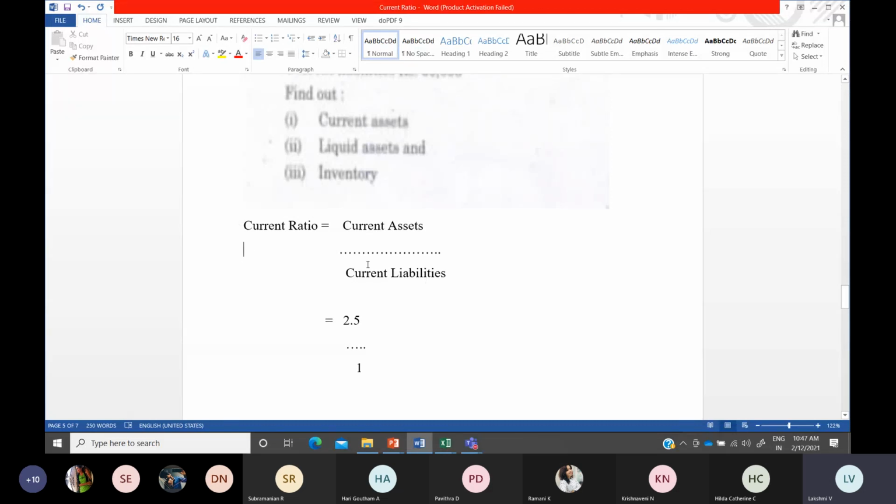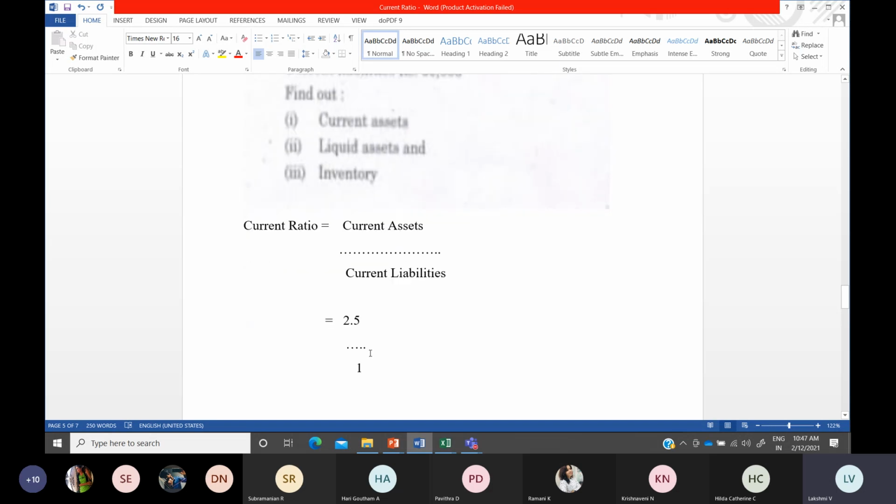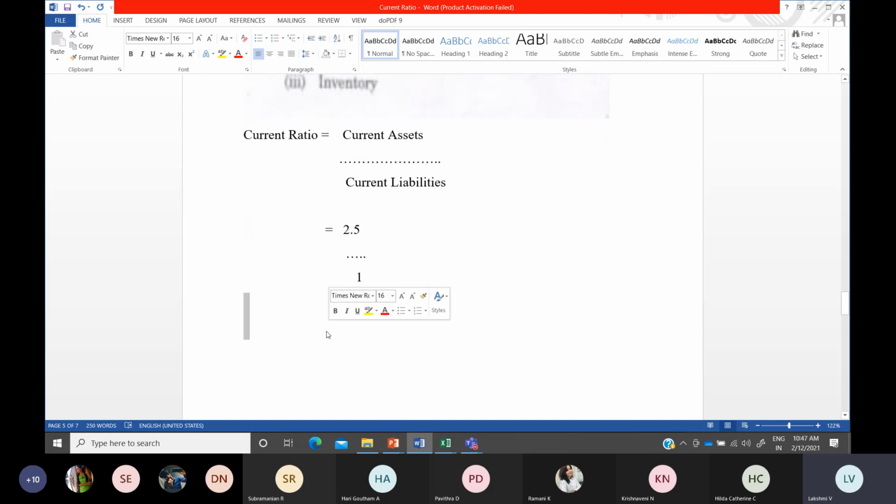So 1 means current liabilities is 50,000 rupees. If current liabilities is 1, the amount is 50,000.